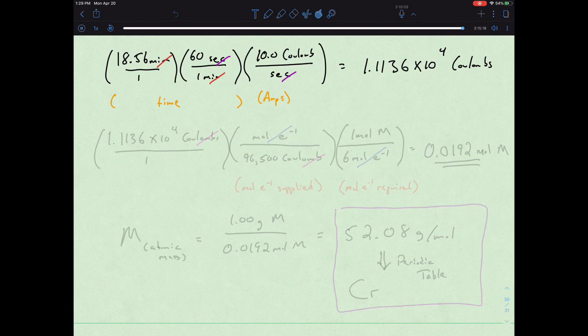So now that we have that charge, we could have just continued on with the conversion if we had wanted to. So here, just picking it back up, just breaking it down a little bit, we now use Faraday's constant. So we can get into moles of electrons. And these would be the electrons supplied. And now we're doing a conversion with what is actually required.